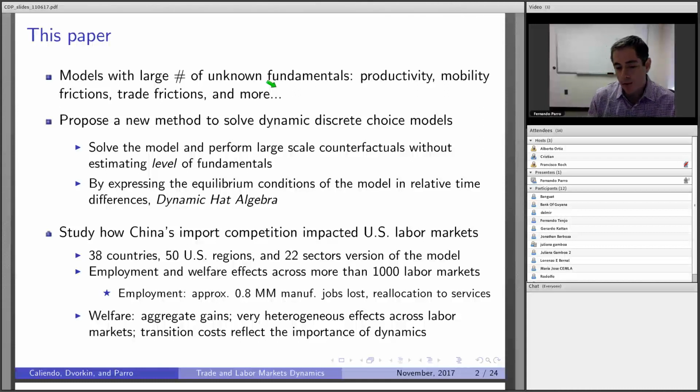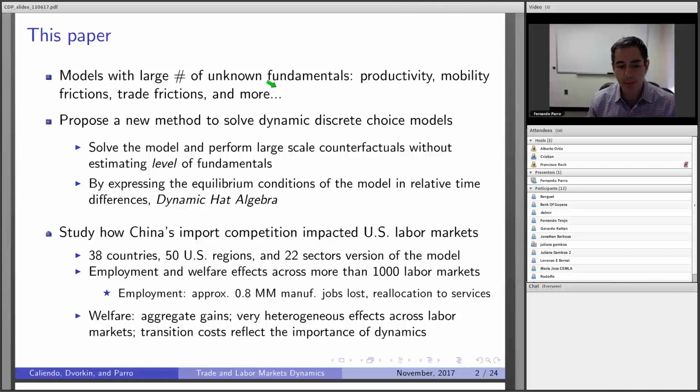So our methodological contribution in this paper is to propose a way to solve this model and to compute the counterfactual analysis. And I'm going to explain this method in detail later on, but what we show is that by expressing the equilibrium conditions of the model in relative time differences, we can solve the model and perform large-scale counterfactuals without having to estimate the levels of these unobservable fundamentals of the economy.